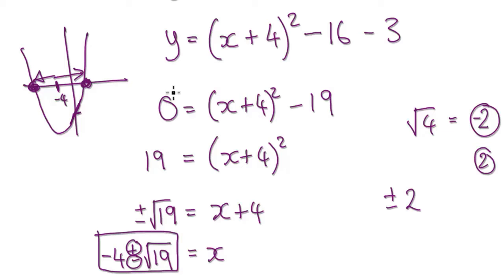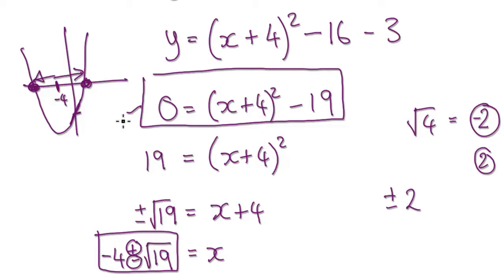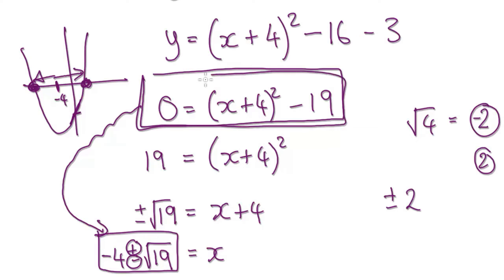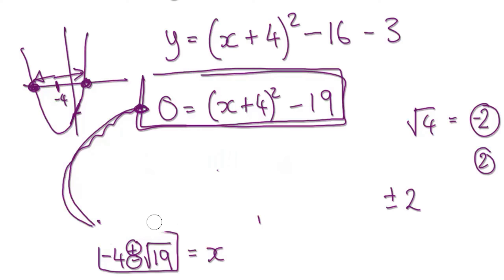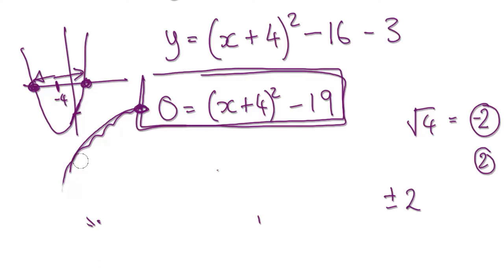Okay, but once you're here, learn to do this in your head. Learn to jump straight to here in one go. Try to train yourself to jump from here straight to here. So let me show you. Let me try and illustrate it to you. Once you're here, then jump straight to there.